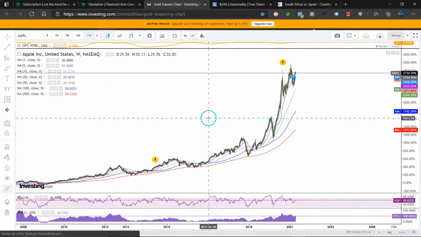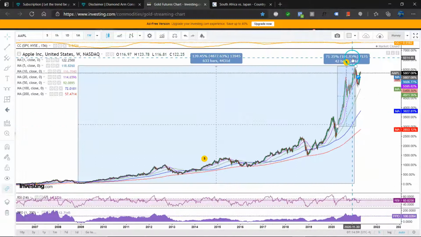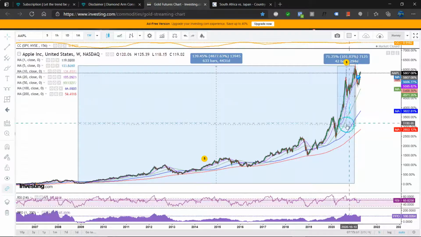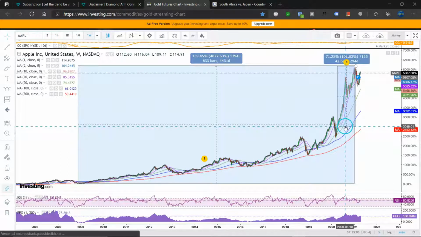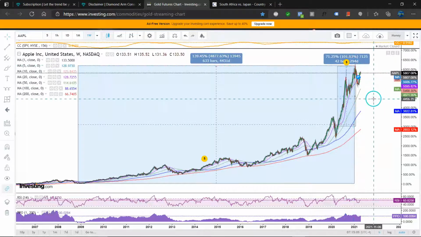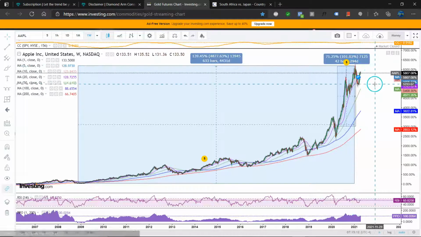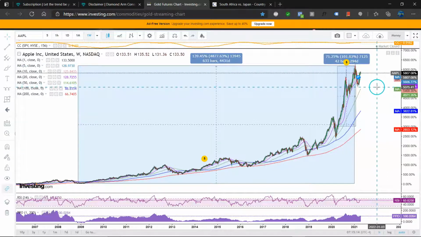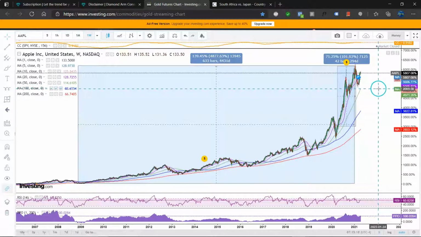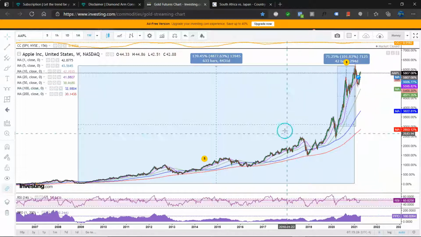So let's take Apple as an example. Here you can see a 100-ish% rally for Apple from this level to this level. If we were to rally another 100% from that high, that would have a huge and very dramatic impact on the market cap of the company, and that move would be a very, very big deal and a lower probability event.